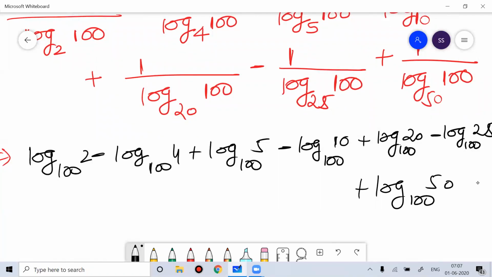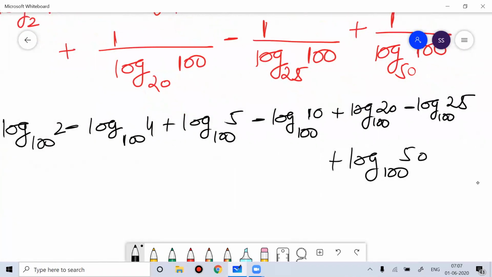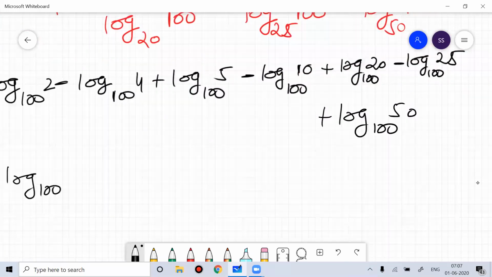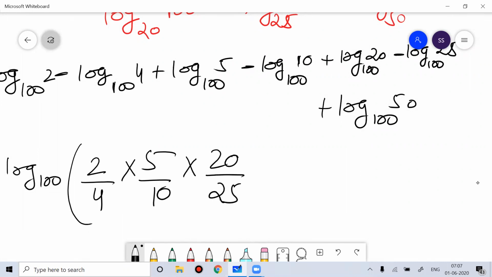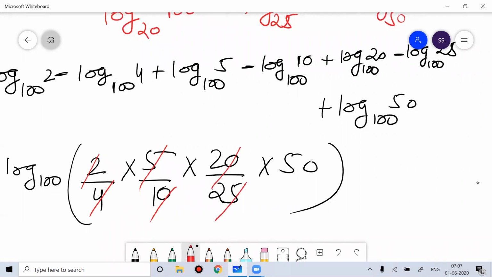Simple. And everyone knows this concept. So you know the plus and minus also. So log base 100, everywhere the base is 100. This will give you 2 divided by 4 into 5 by 10 into 20 by 25 into 50. Just need to solve this. So 1 by 2, 1 by 2. So 4, 4 by 5, 5, 5.